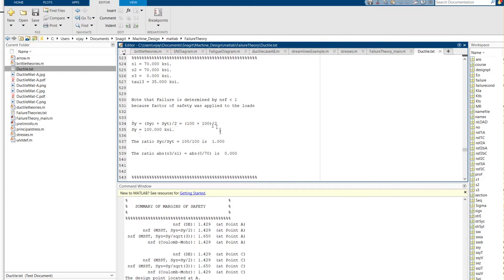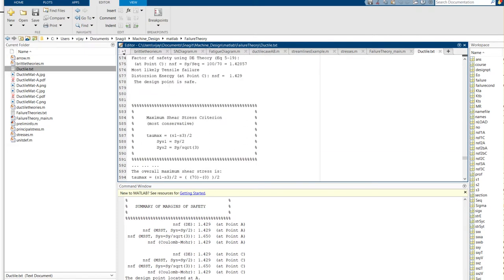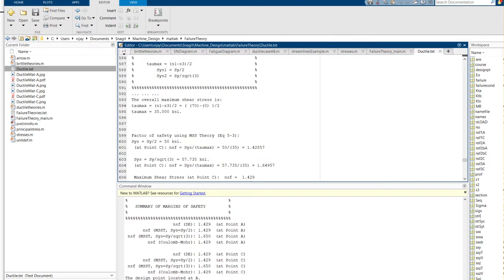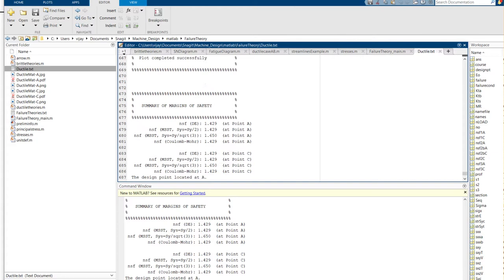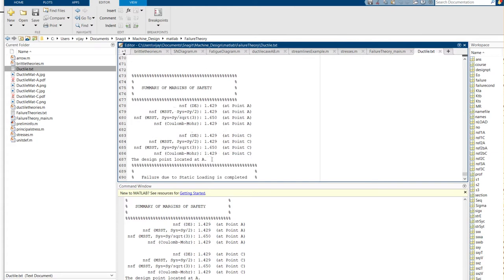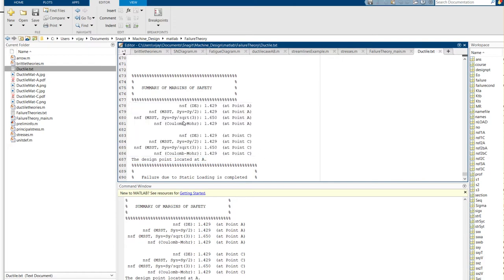But you use the average for those two theories. And then it does all the checks for you that you need for this particular case, and at the end of the day it gives you a nice summary at point A. Say the design is at point A, it doesn't really matter whether point A or point C, because both are giving the same value. We don't know where this is located.